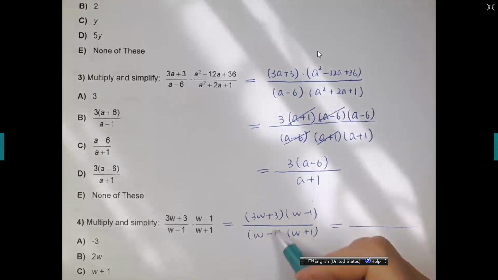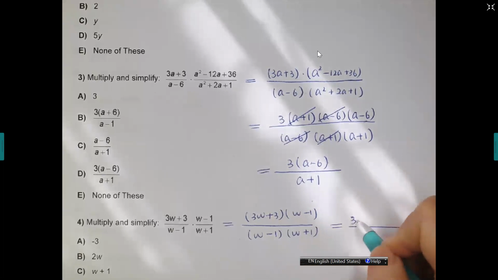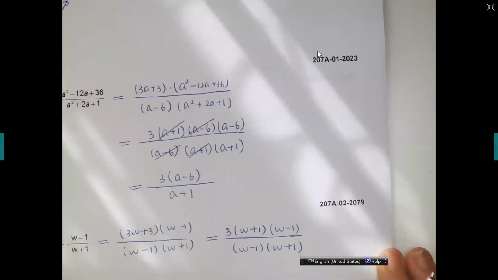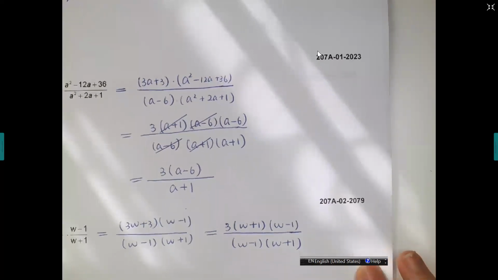Can I factor any one of them? The first one, 3 is a common factor. So 3 is factored out. What do we have left? w plus 1. And w minus 1 is a prime polynomial. And on the bottom here, neither one is factorable. Leave them here.